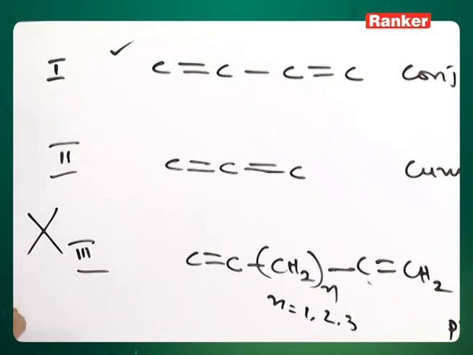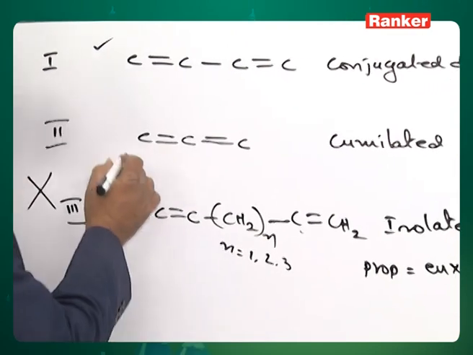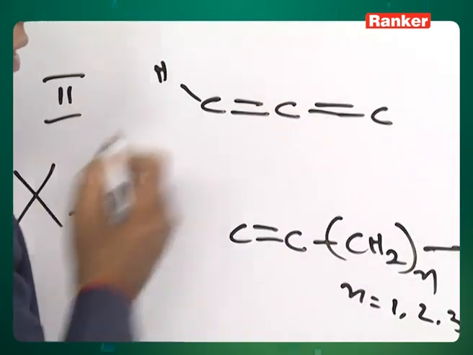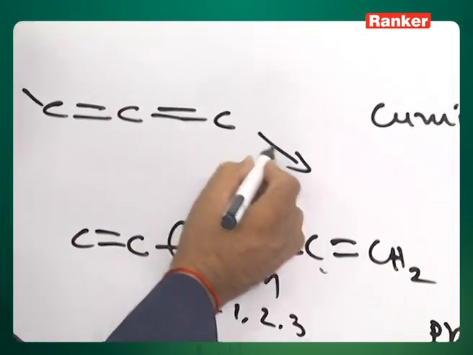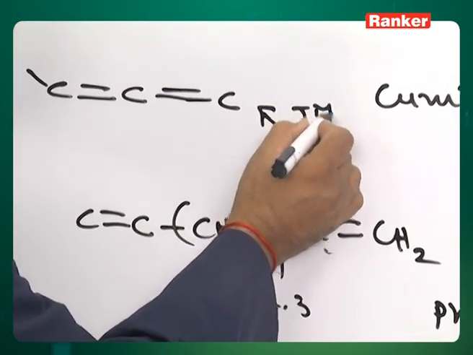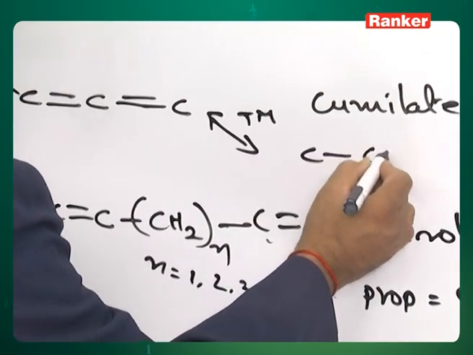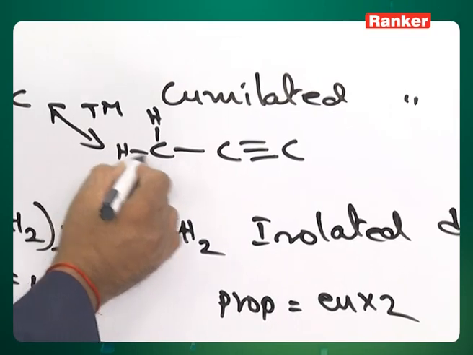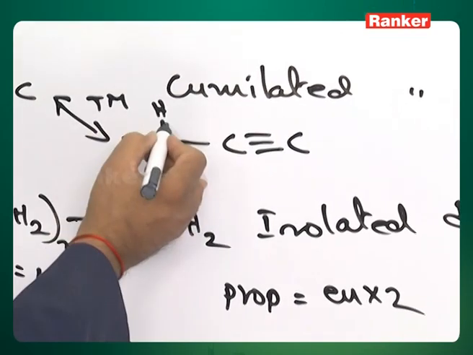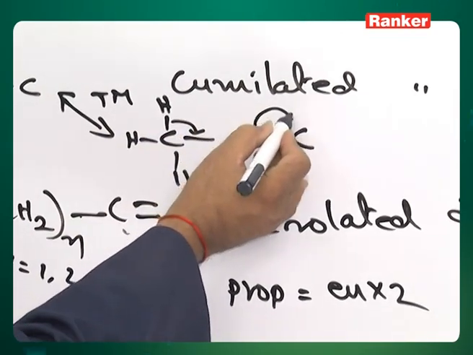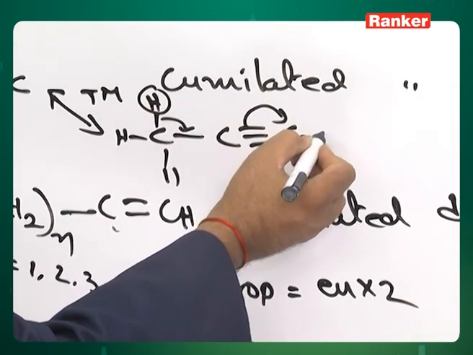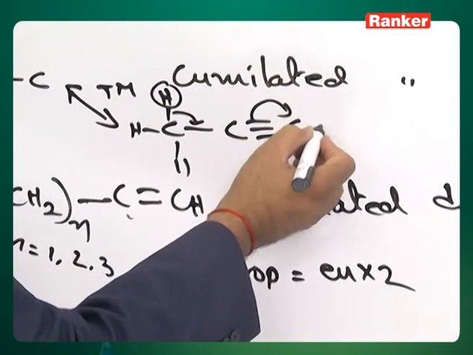And cumulated dienes have one property: these hydrogens will be shifted to the other side, and they undergo a process of tautomerization and will give the propyne. In the cumulated diene, the electrons will come here, the proton will go there, and this will become that, that will become this.